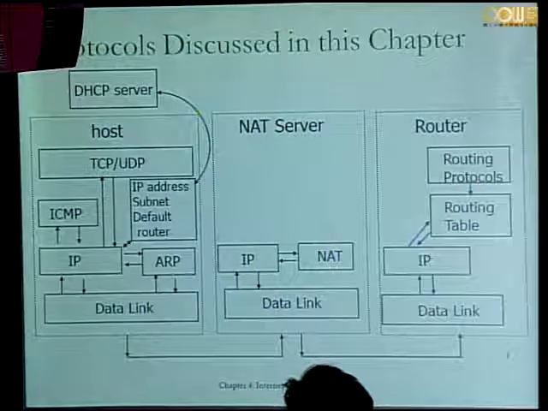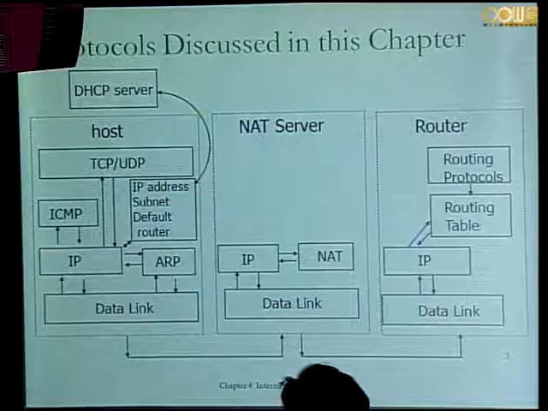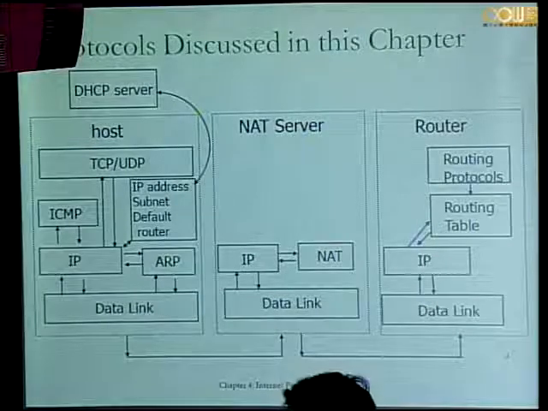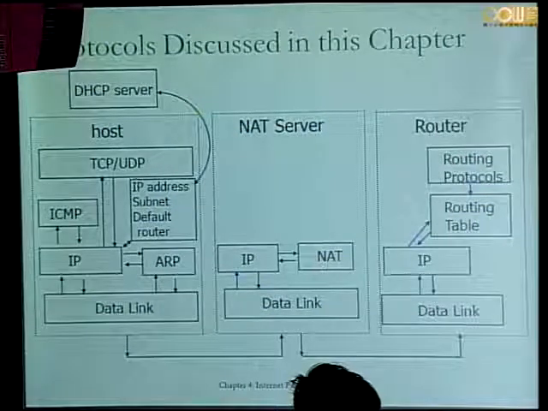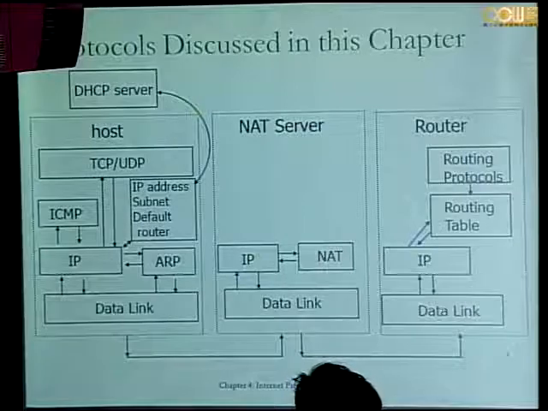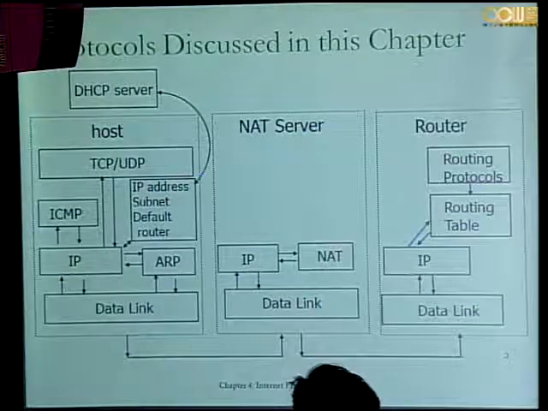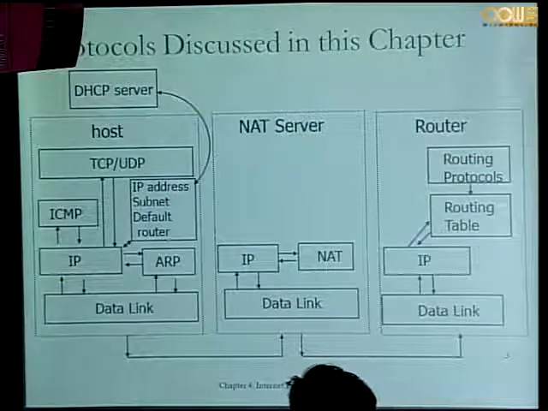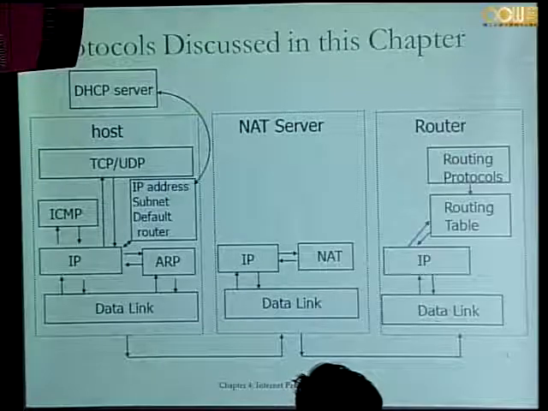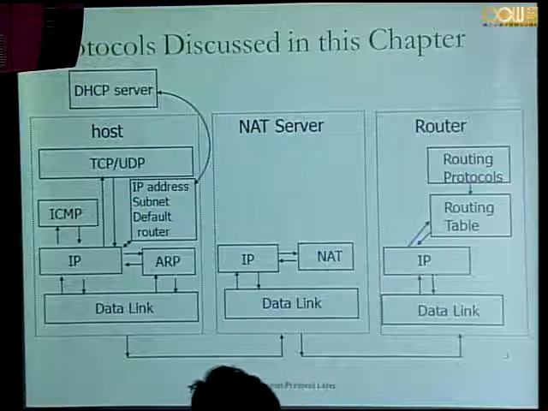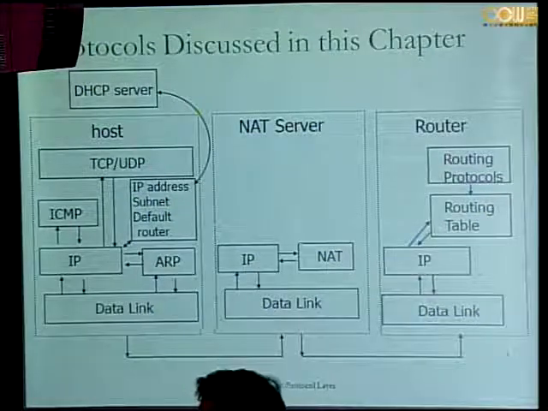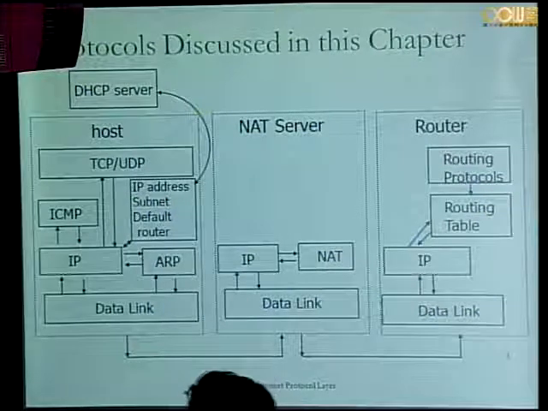And within the host, there should be some configuration from the DHCP server. The DHCP server will give the IP address and the subnet mask, subnet address and subnet mask, and then the default router to the host. So the host gets this configuration from the DHCP server.